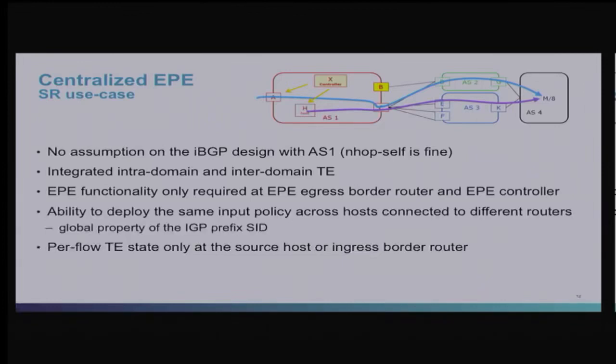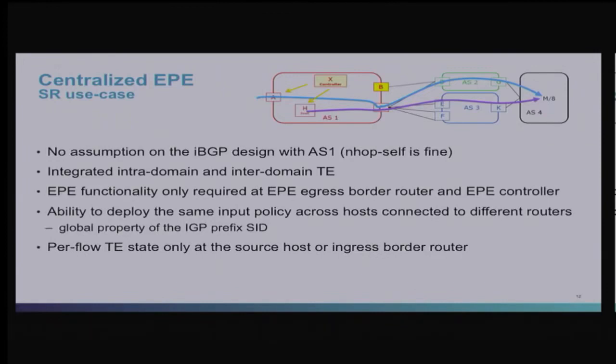You can then steer your traffic via any border router you want and each interface to the peers you want, either at the granularity of a physical interface, a peer, or, I did not explain it here, you could also do it as a group of peers. For example, an AS or a region, a part of your neighboring peers.